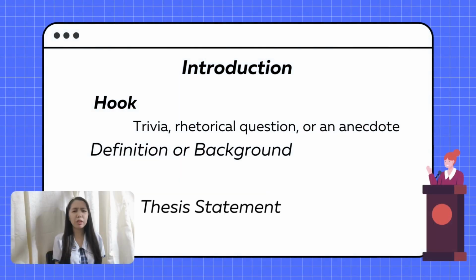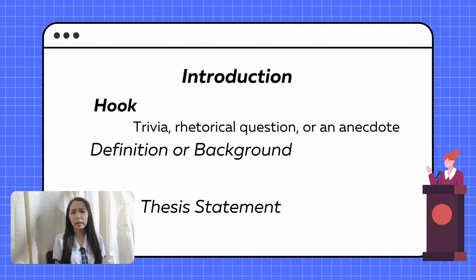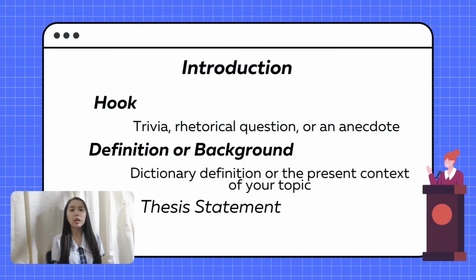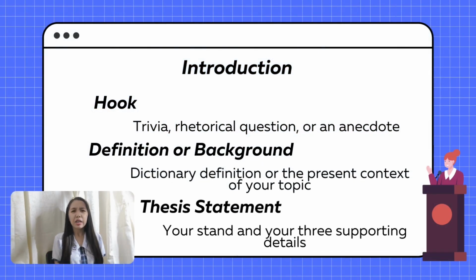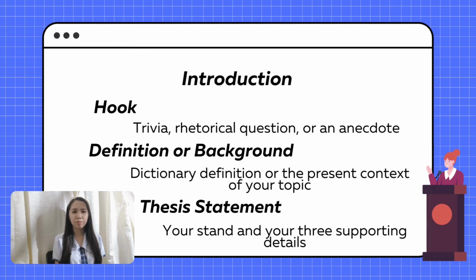The hook can be in the form of trivia, rhetorical question, or an anecdote. While in the definition or background, you can input the dictionary definition or the present context of your topic. The last content in introduction is a thesis statement. It must have your stand and your 3 supporting details.